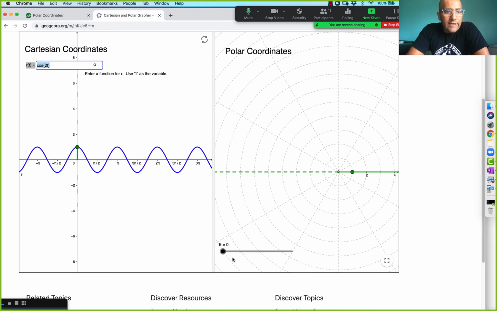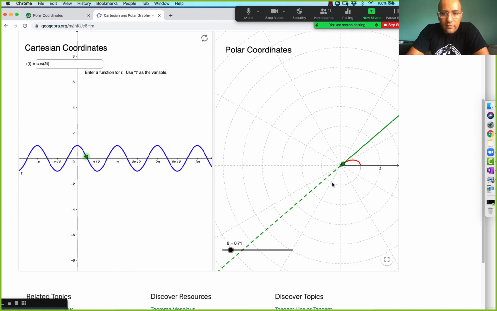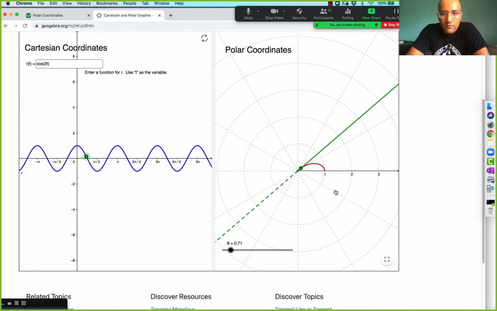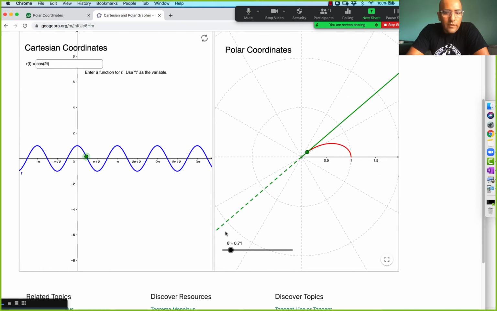And then now, as we begin to trace this from 0 to pi over 4, we trace out that little guy. You know what? Let me zoom into here. Okay, so from 0 to pi over 4, we trace out that part.